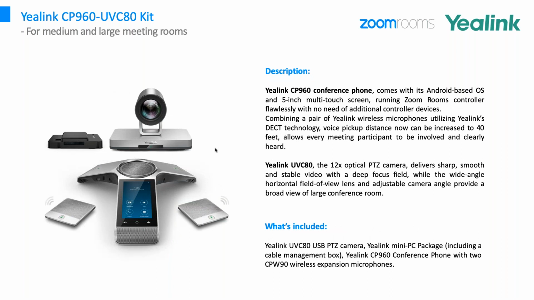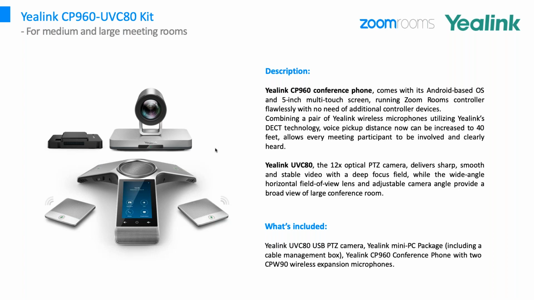And then we have the UVC80 and CP960 kit. What we're really taking advantage of here in this particular model is the camera. The UVC80 has 12 times optical lens zoom. So in terms of positioning, zoom, movement, field of view, the UVC80 gives you the most capabilities to have the most coverage in the spaces that you're meeting in.